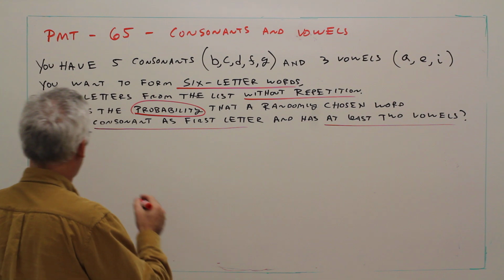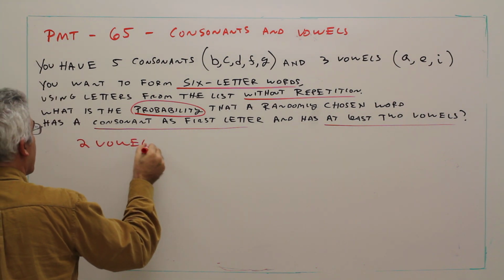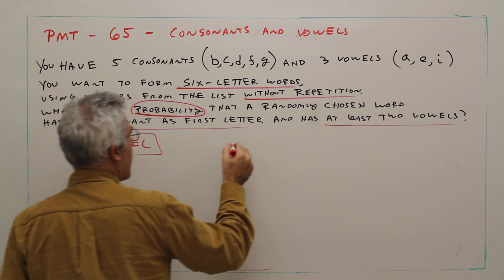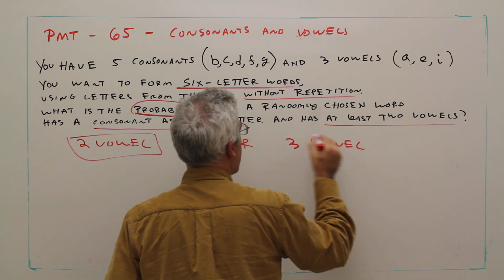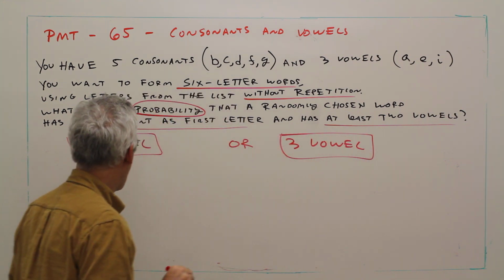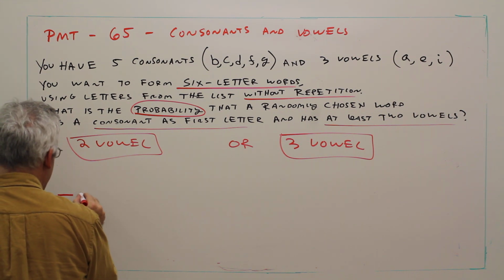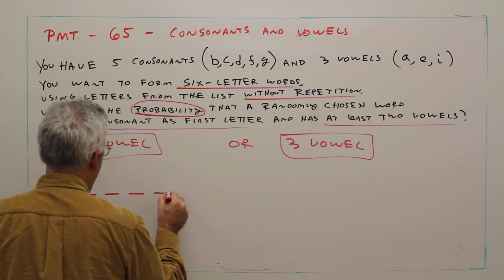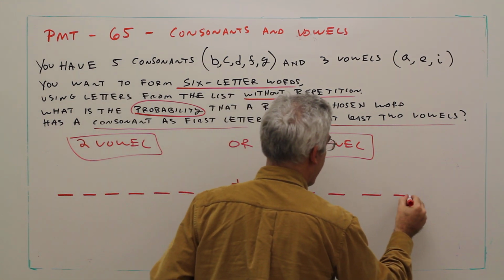Let's just have our 2 cases. So here's my 2 vowel case or my 3 vowel case. All right, I'm a visual person. Let's put the 6 dashes: 1, 2, 3, 4, 5, 6, plus 1, 2, 3, 4, 5, 6.